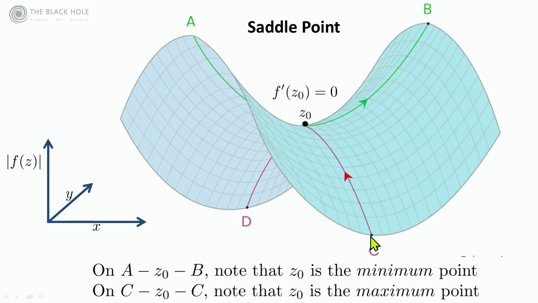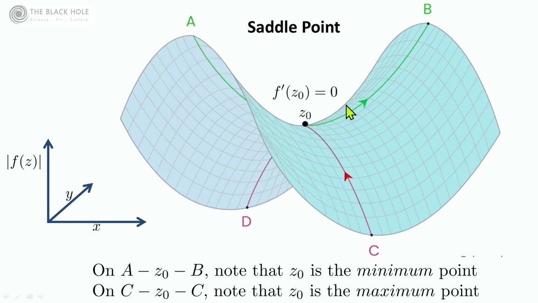And this makes it very clear that if I go on this path, A, Z naught, B, at this point Z naught, I have an extremum.